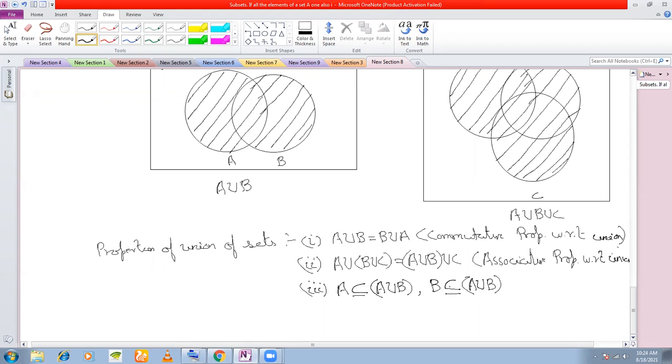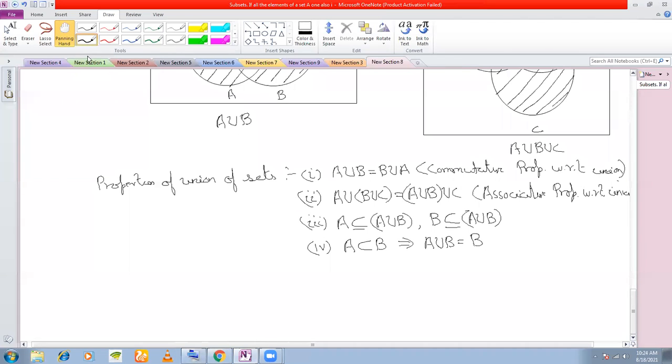The fourth one is that if A is a subset of B, then the union of two sets A and B must be equal to B. Okay, this is the fourth property of union. And the last property is that a set taken union with a null set will give you the set itself. Okay, so these are the properties of union.